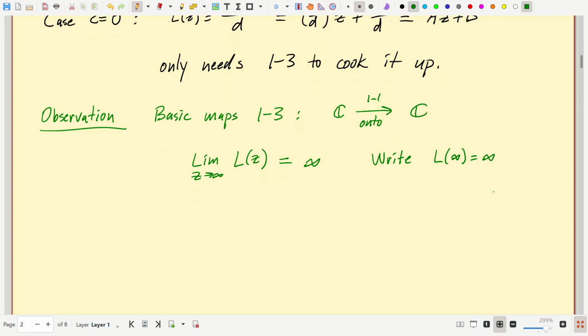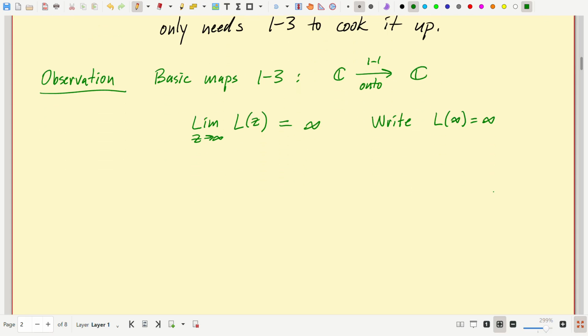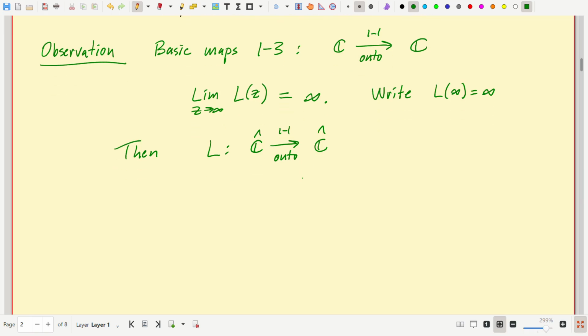So if you define that like that, then basic maps 1 to 3 also map the extended complex plane one-to-one onto itself. So they're mappings of the Riemann sphere to itself, and they preserve the North Pole.